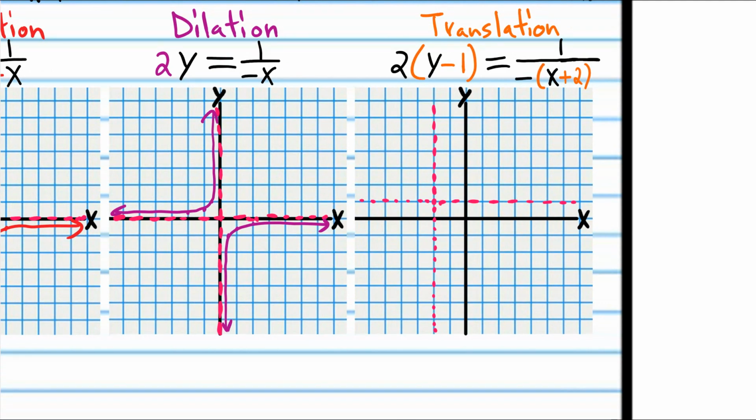So this point here is 1/2, negative 1. If we pretend that this is the origin, we just go out 1/2, negative 1 to get this point here. Then this point is 1, negative 1/2. And this point is 2, negative 1/4. And this point is negative 1/2, 1.